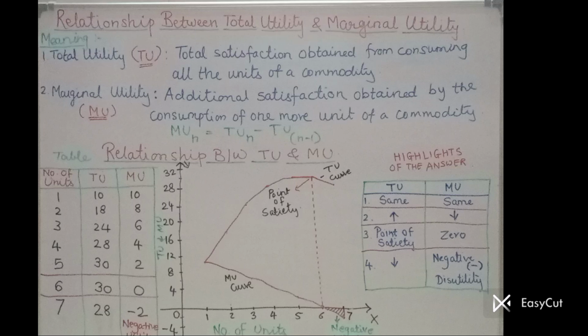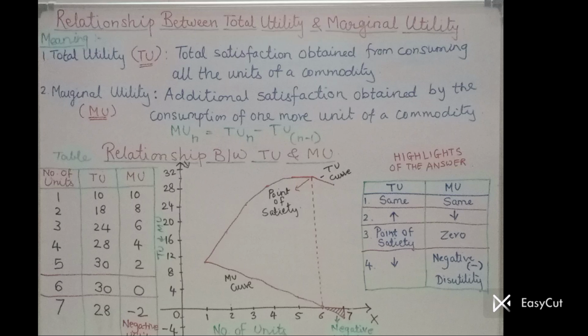That is called the point of satiety. And the fourth stage is if any consumer continues the consumption further, then TU falls and MU enters into the negative zone, which is also known as disutility. So with the help of these highlights, you will elaborate the answer in your own words.